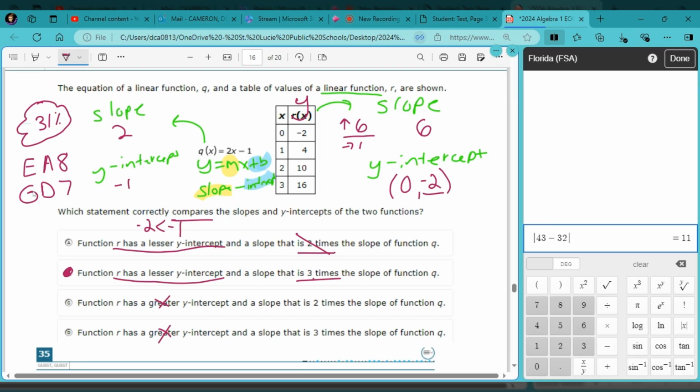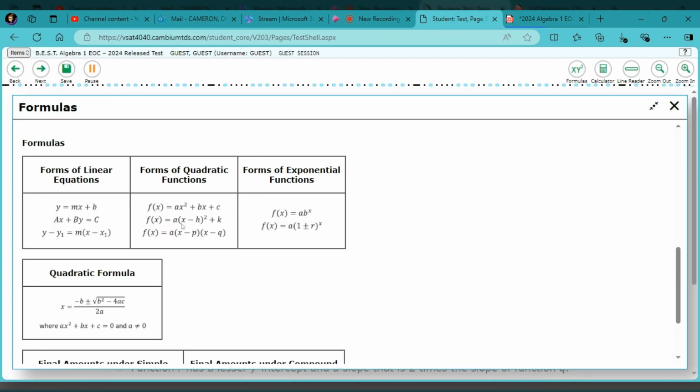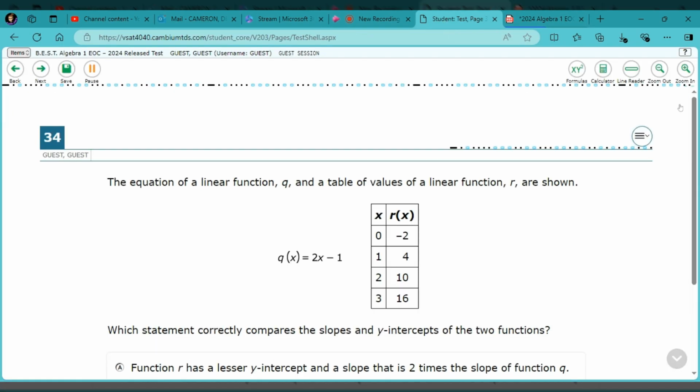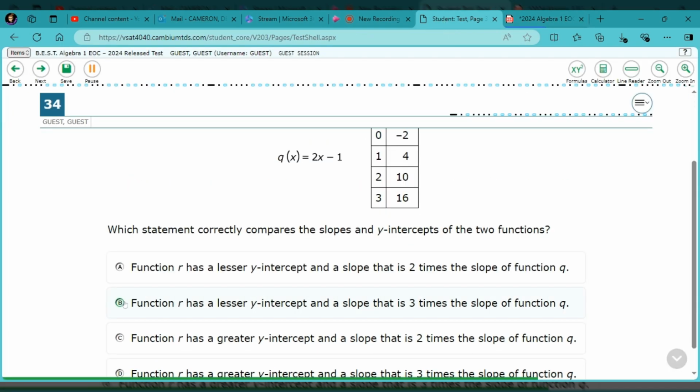And if your school district has paid for you to have a free IXL account, I'd use it. That was number 34, was B.